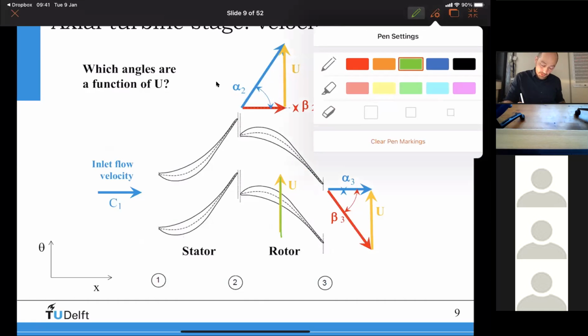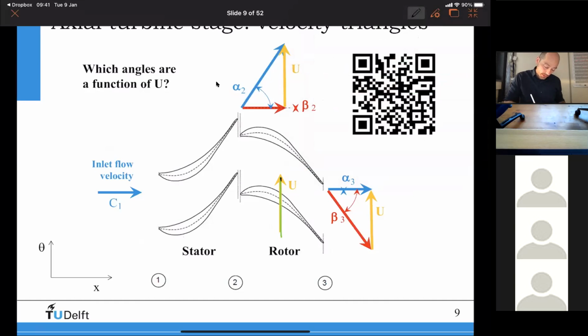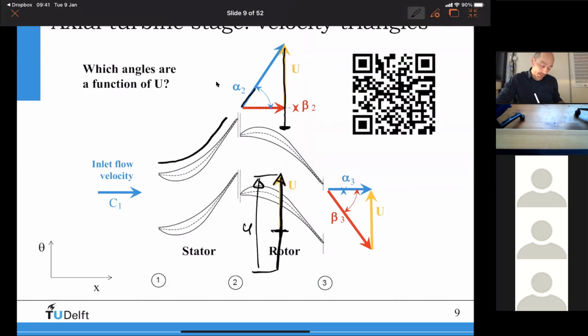Let's say that this was the initial velocity u, and now I increase the velocity, and I make this velocity u. So I say my rotational speed increases, my blade speed increases, and if my blade speed increases, what happens? Alpha 2 remains constant because alpha 2, the flow simply follows the blade. If u has increased, u goes down this way and now it's longer, which means that my beta 2 has changed.